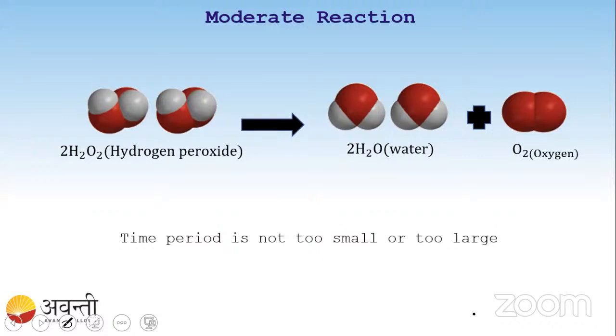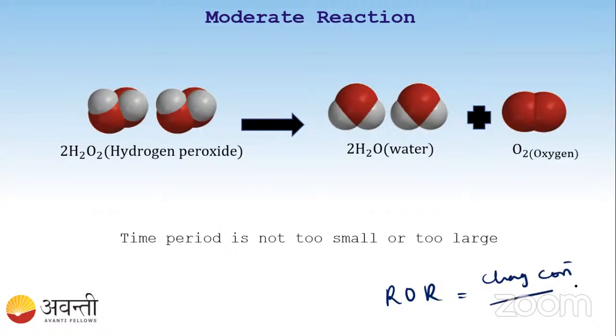In the same way, a chemical reaction like hydrogen peroxide giving water and oxygen will also happen in a moderate period of time. The delta T, or the change happening in a particular time, will not be too high or too slow. So in this case, we can calculate the rate, which is exactly what we are doing when we try to find the rate of a reaction: change in concentration by change in time.